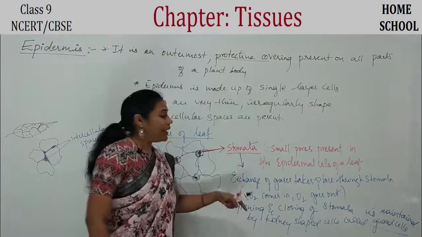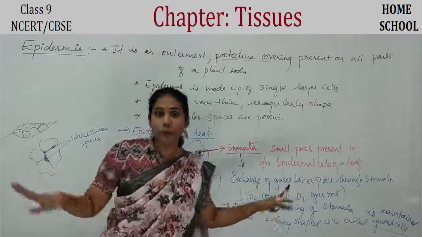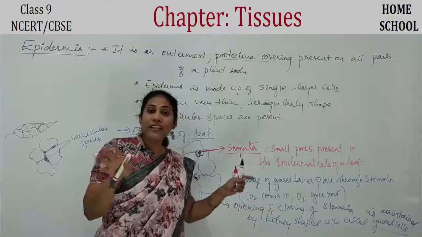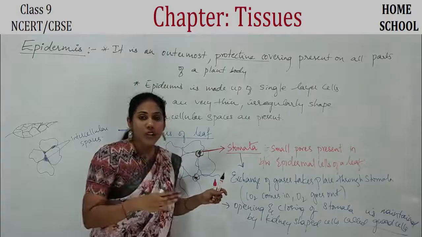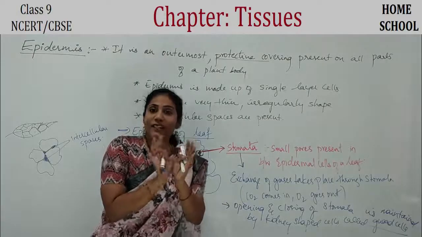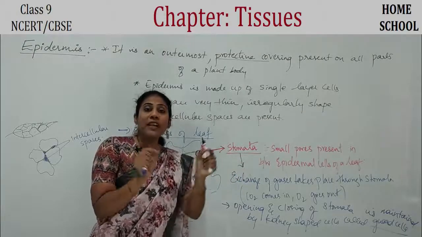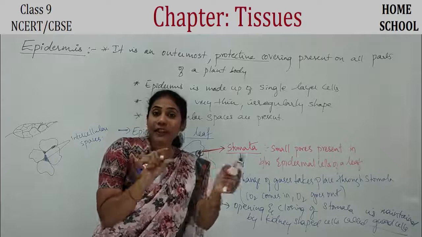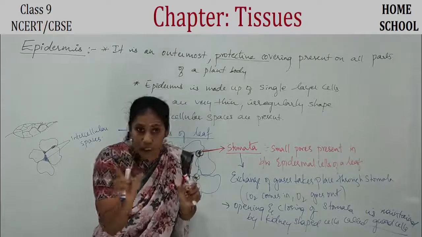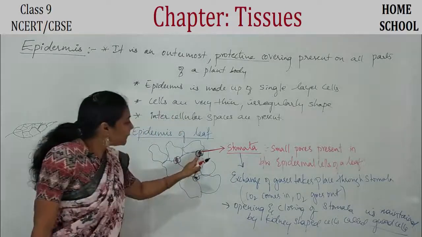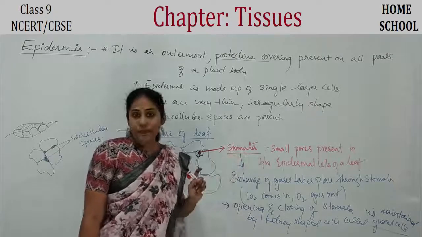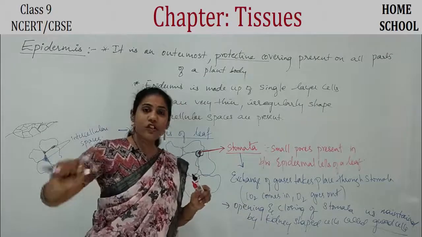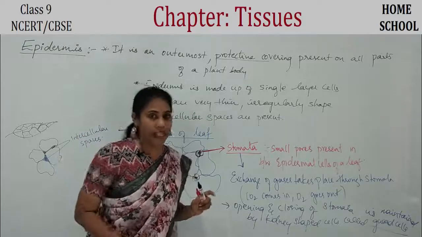And stomata, every time it will not keep open. Whenever oxygen gas has to go out or carbon dioxide gas has to come in, that point of time only it will get opened. So who will maintain this opening and closing of that small pore? It is maintained by kidney shaped cells called guard cells. Clear? This much you try to remember, that is more than enough.